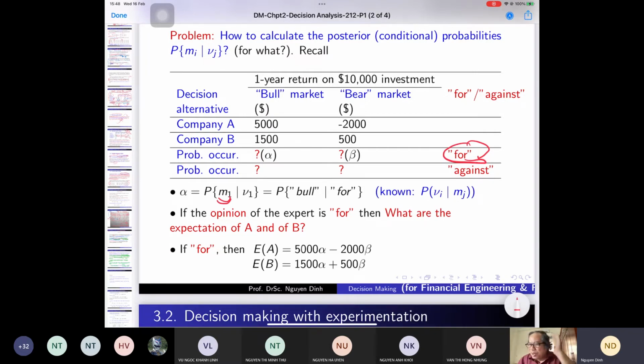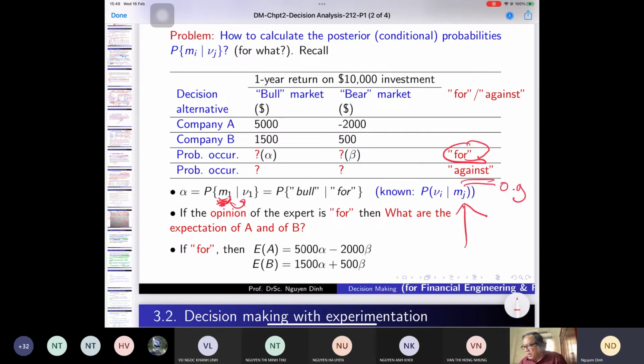If he says 4, what is the probability of bull given the condition is 4? If you know the probability of bull and the probability of bear, then you can calculate the expectation. If it's bull, then this one is 0.9. Is that okay?